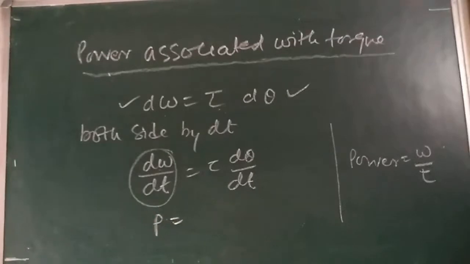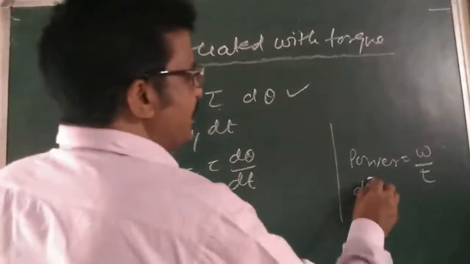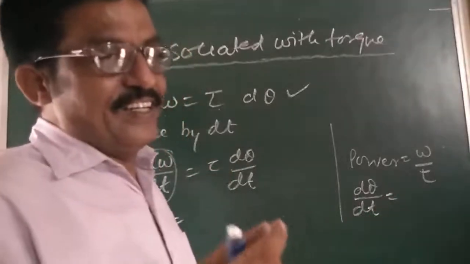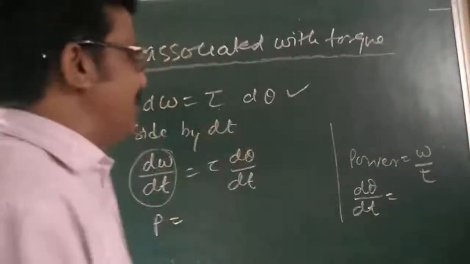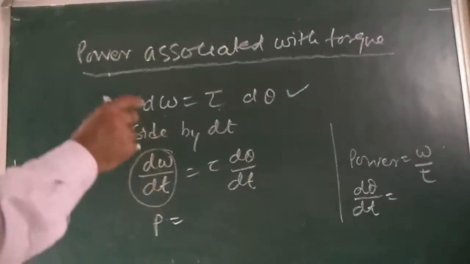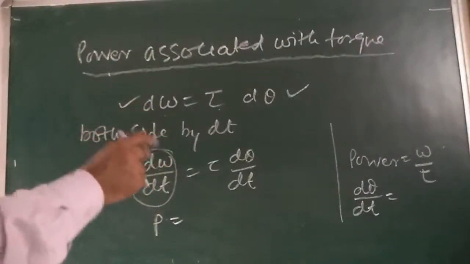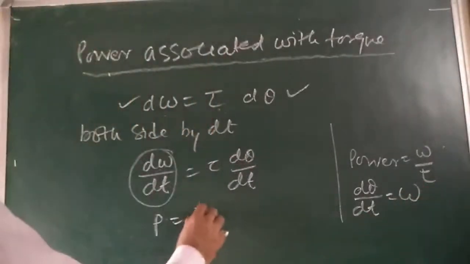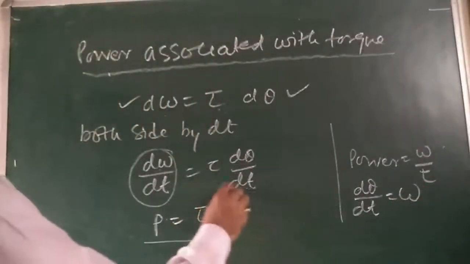And what is d theta by dt? It is the angular displacement upon time, that is angular velocity, the average angular speed of the body in this interval, which I can write as omega. Here, torque into omega. This is the result.